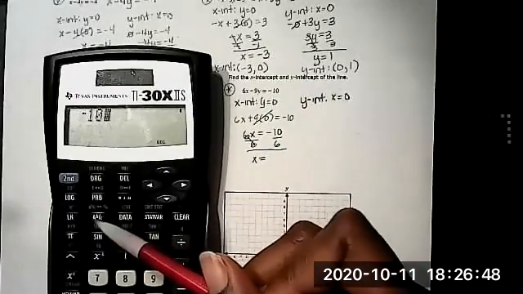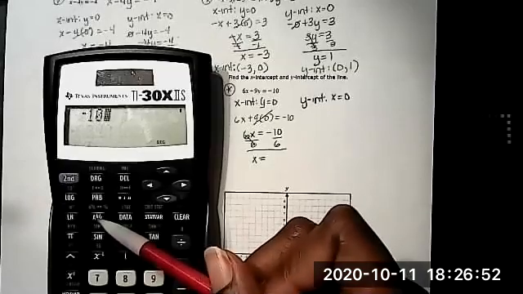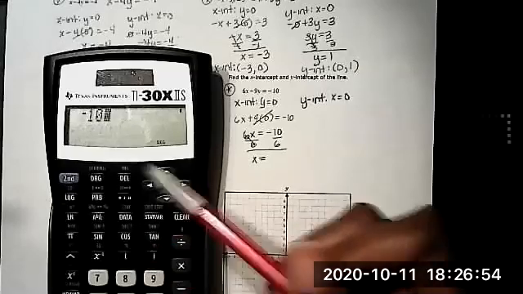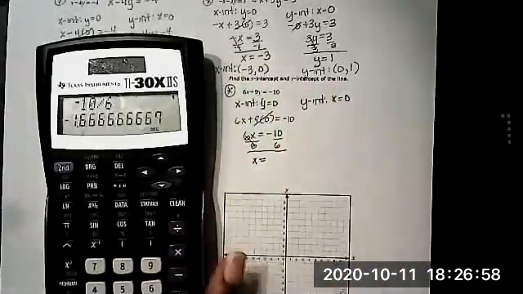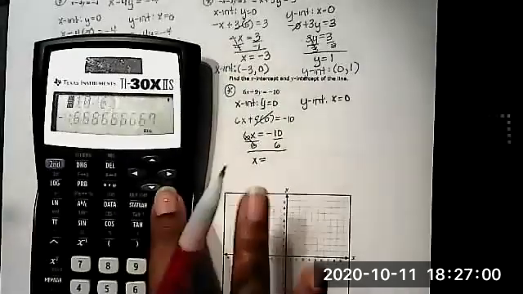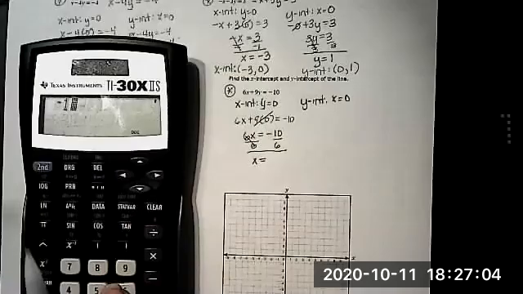I usually use this when I want my answer to be a fraction. You can just do 10 divided by 6, and it probably will become a decimal. See how that's a big decimal? I want my answer to become a simplified fraction, negative 10.